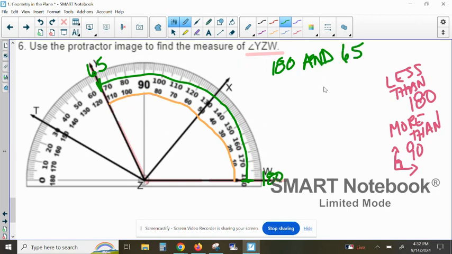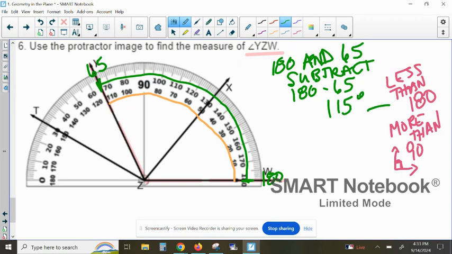In the rule, we want to find how far it is from 65 to 180. So that means we are going to subtract them. So let's go ahead and subtract them. 180 minus 65. What do we get? I get 115 degrees.